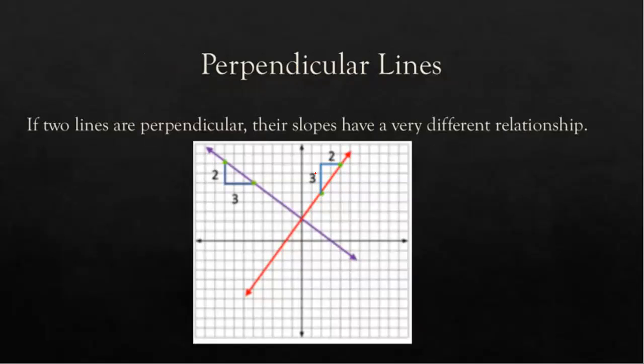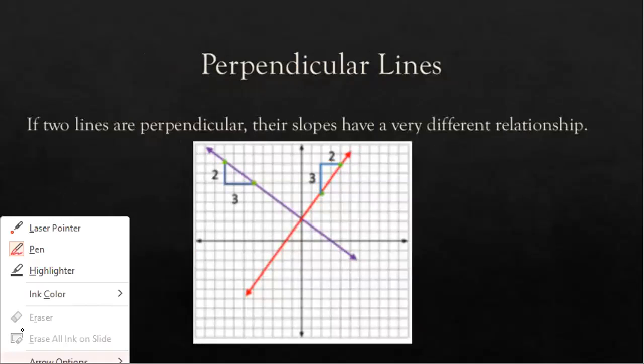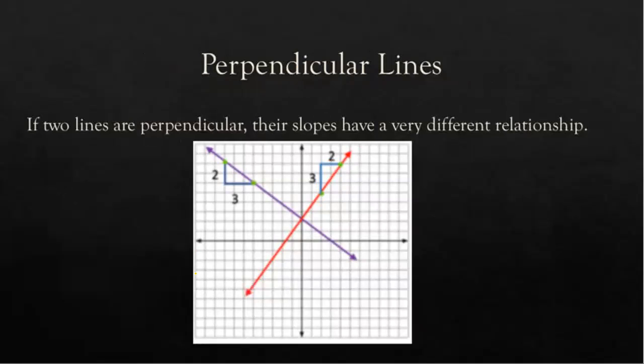Well, we can see that it's a rise of 3 and a run of 2. So the red line is rise over run, the 3 over 2. What about the purple line? What's the slope there?